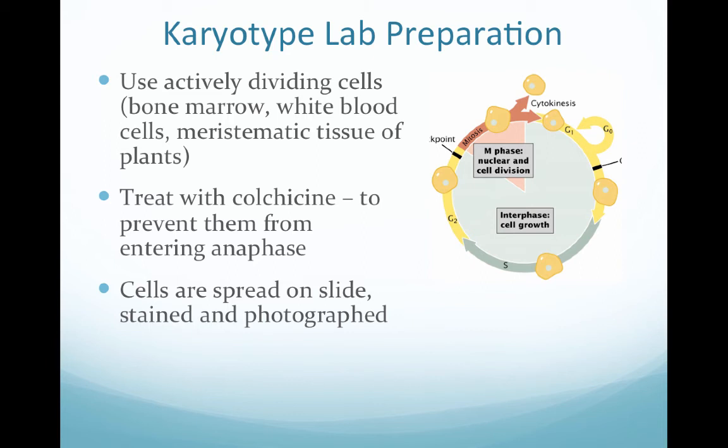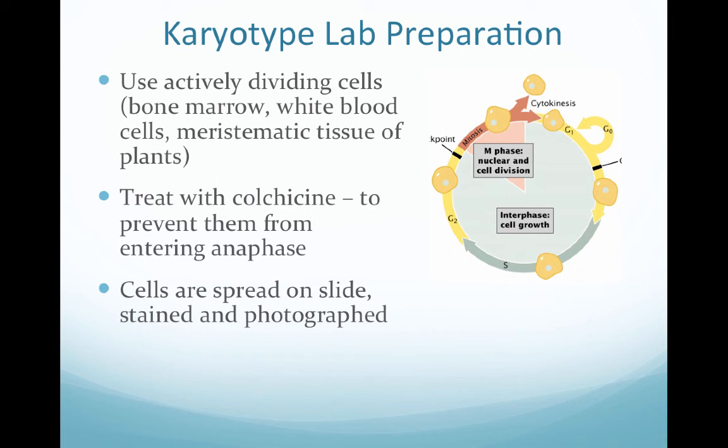So in order to prepare or create a karyotype in a lab, what ends up taking place is a sample will be taken from an individual organism, whether that's a plant, an animal, or a human. And those samples need to be taken from an actively dividing cell. So bone marrow, white blood cells, or meristematic tissue in plants.